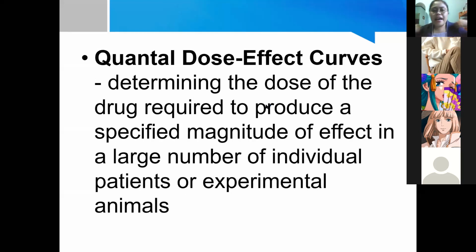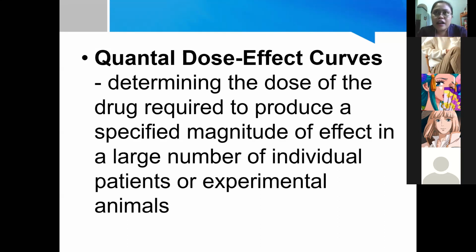Let's move on. We have the quantal dose effect curves. So, most of the clinical trials, if approved na effective ang ilahang tambal, na-appeal na sa ilang ginapangita ang quantal dose effect curves. This is where we determine the dose of our drug na effective for a large number of individuals or even sa experimental animals.